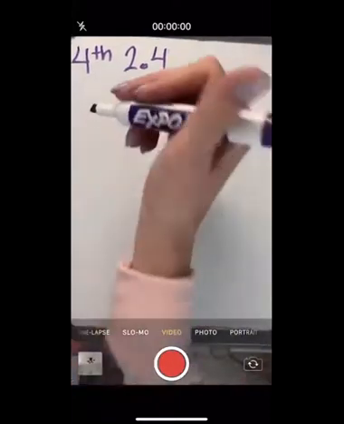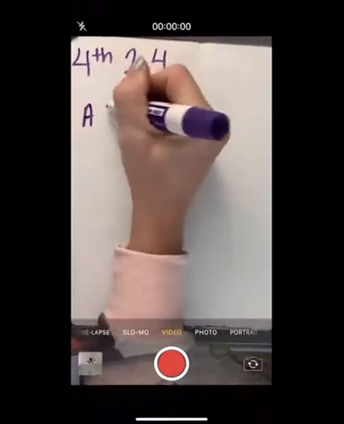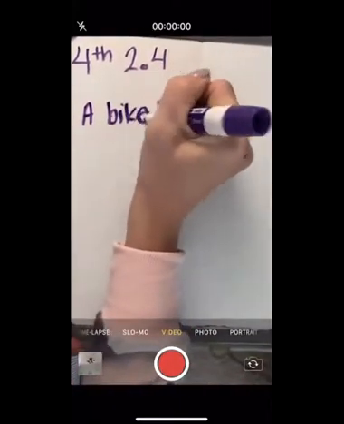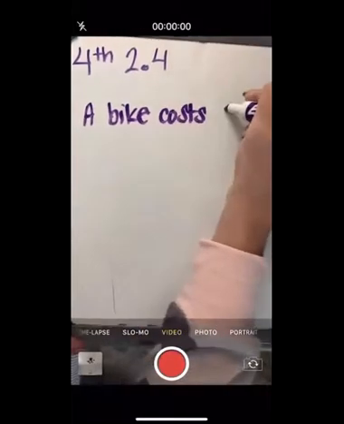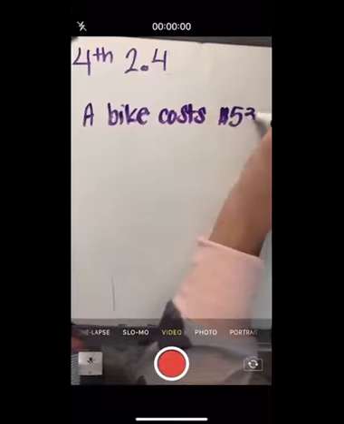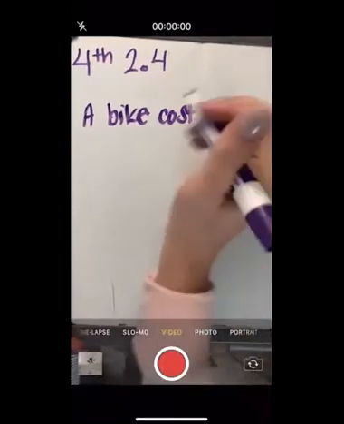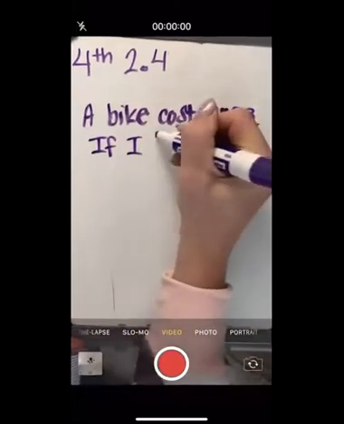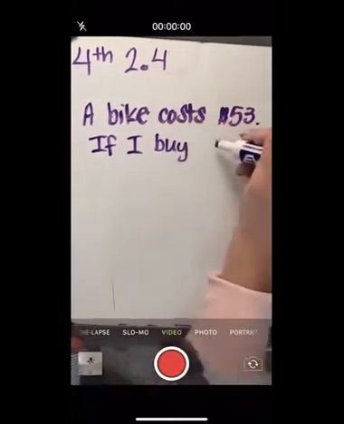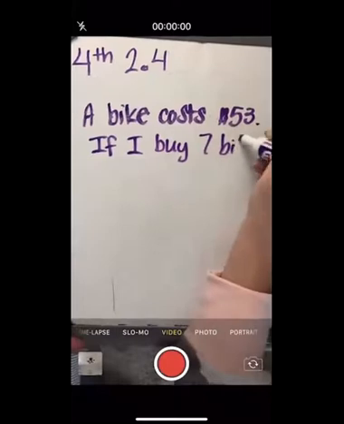So I'm going to do one last one for you. A bike costs $53. It's a pretty cheap bike. I have a lot of friends, so I buy 7 bikes.